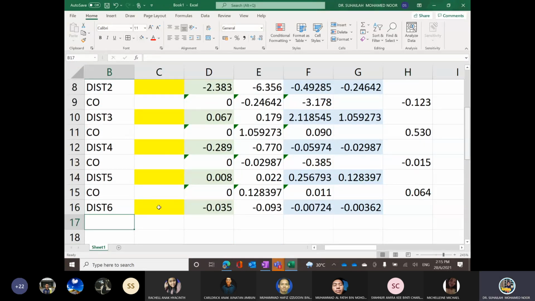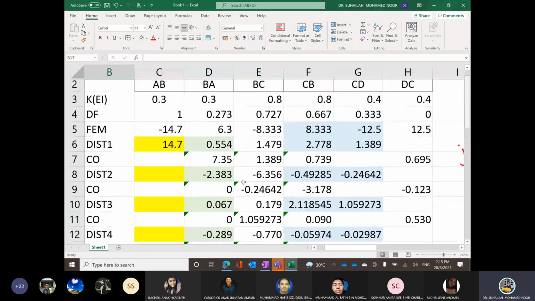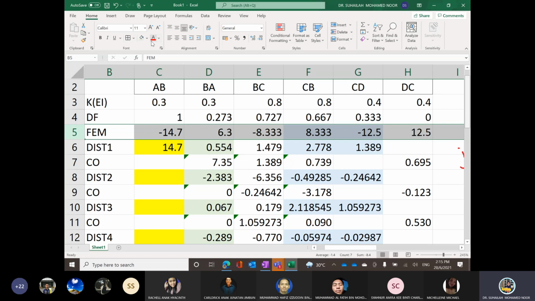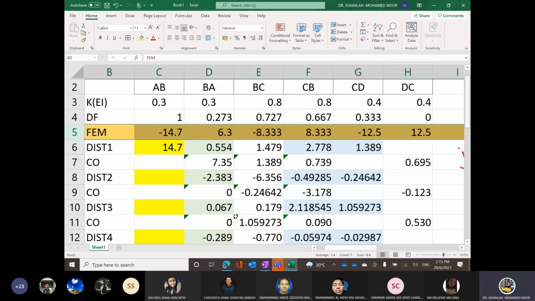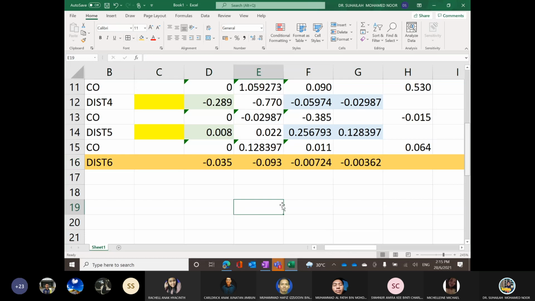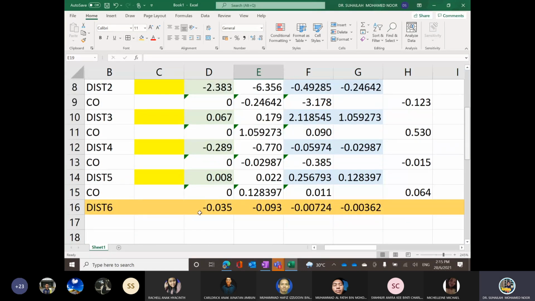So this is the last distribution, and then what we need to do now is to sum all the moment values, start from FEM until the last distribution.